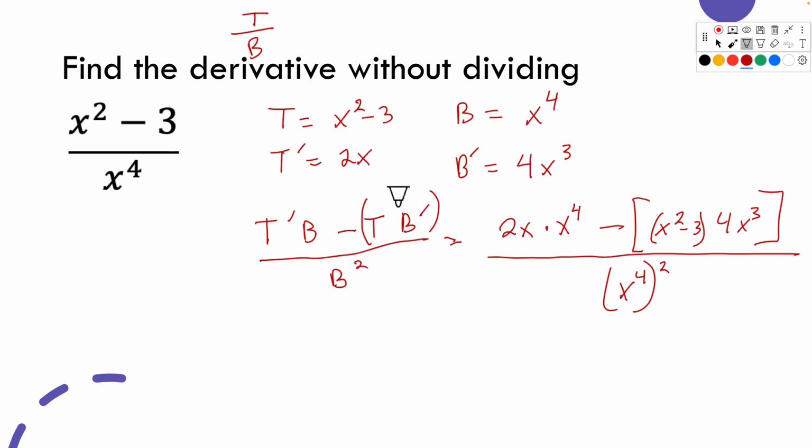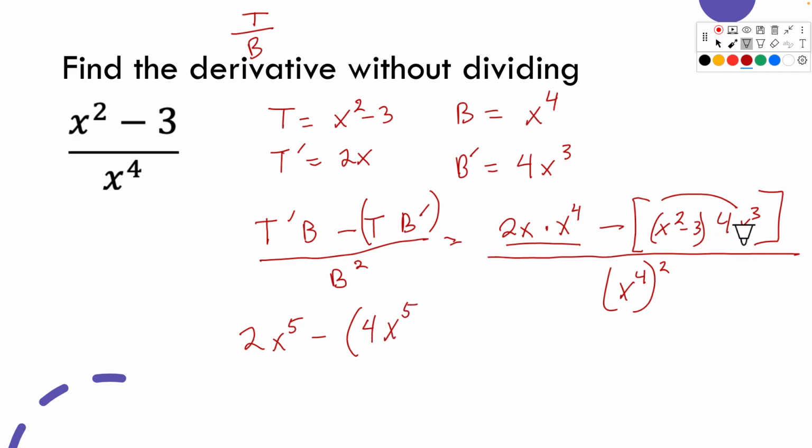So in the front, we've got 2x times x to the fourth. That's going to give us 2x to the fifth. Minus, and notice I'm going to keep my parentheses. I'm going to distribute this thing first and then worry about this negative. You might do it in one step. Again, I blew it. So I got x squared times 4x to the third. So I've got 4x to the fifth.